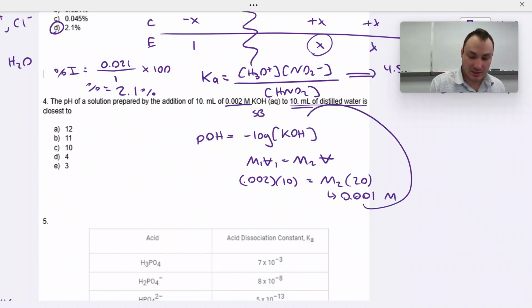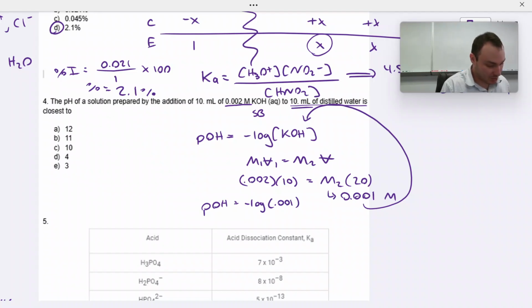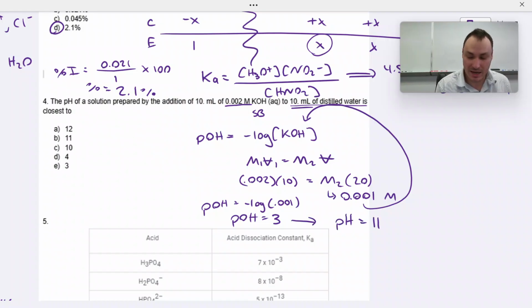So this is what I'm going to plug in here. pOH is the negative log of 0.001, which is 3. So the pOH is equal to 3, which means the pH is 14 minus that, which is going to be 11.